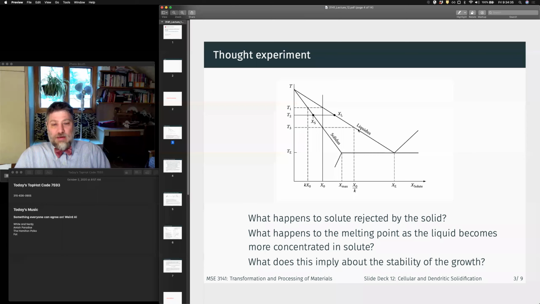So what happens to the melting point as the liquid becomes more concentrated? The liquidus line essentially goes down. So the melting point gets lower.